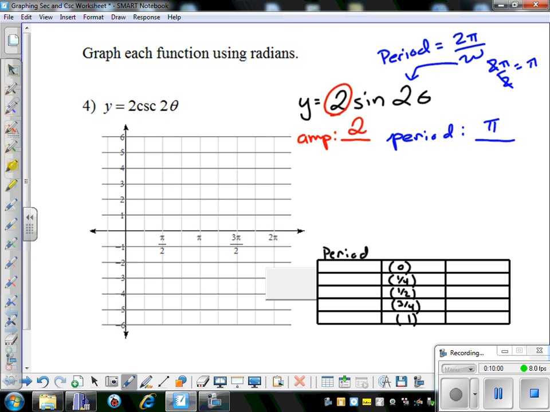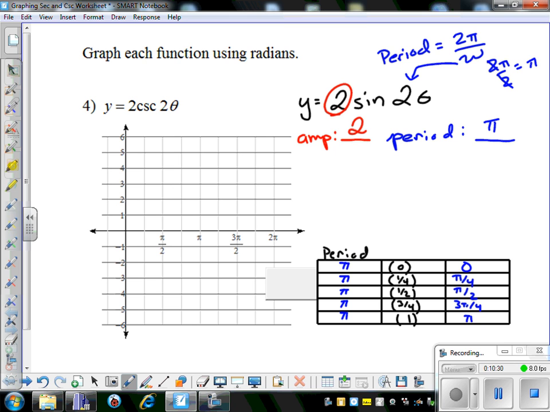Now that's going to change our points on the graph. Now putting it into our table, our period is pi. And remember, we always multiply that by 0, then 1/4, then 1/2, then 3/4, then 1. So that'll give us 0, pi over 4, pi over 2, 3 pi over 4, and pi.